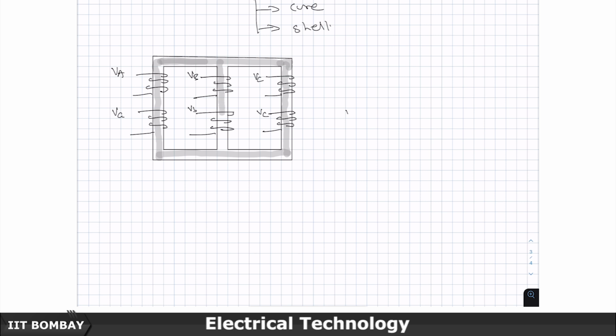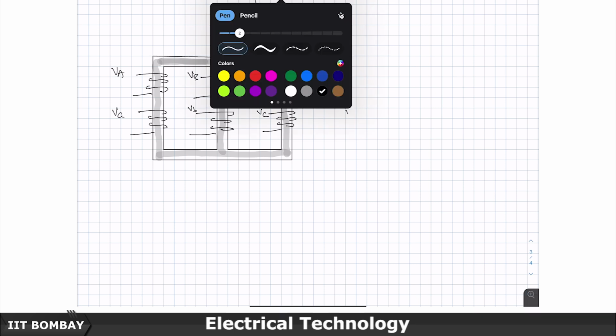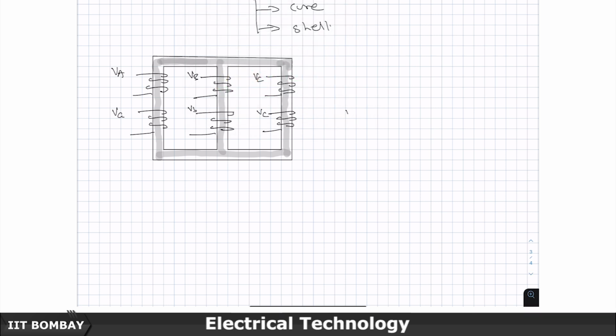So, this is where the magnetic path is going to go. So, strictly speaking, the A phase flux will come like this for the time being, the B phase flux will come like this, and the C phase flux will come like this.